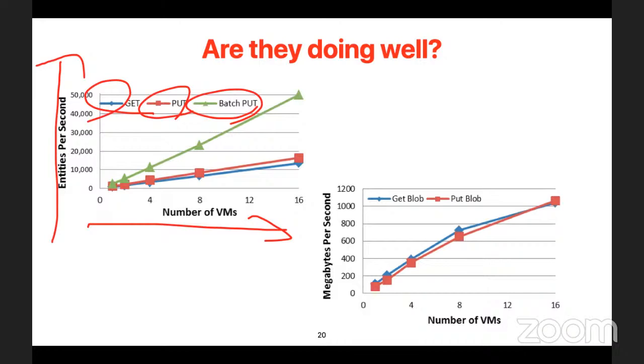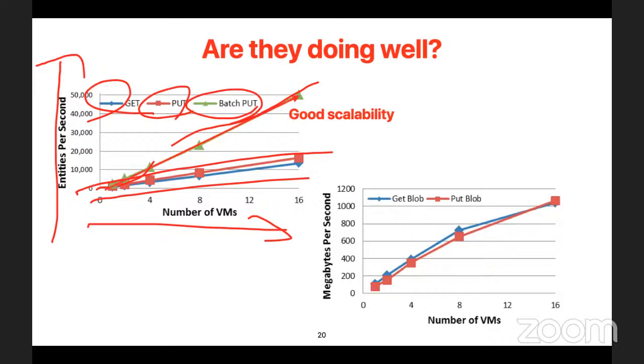And one thing to find is that no matter what operations you are seeing, when you keep increasing the virtual machines, the performance keeps scaling very well. So their design has good scalability, in the sense that if you connect the operations they can support together, it's a straight line.